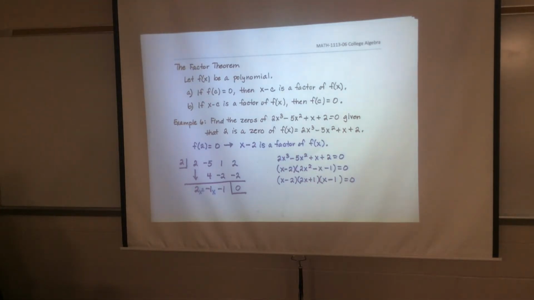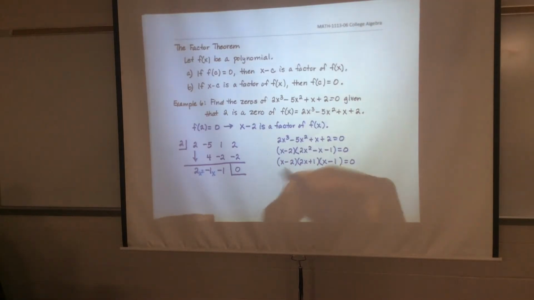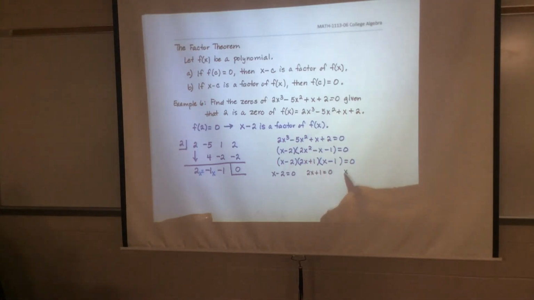So factored completely, I get x minus 2 times 2x plus 1 times x minus 1 equal to 0. And then I'm going to set each binomial factor equal to 0: x minus 2 equal to 0, 2x plus 1 equal to 0, and x minus 1 equal to 0.